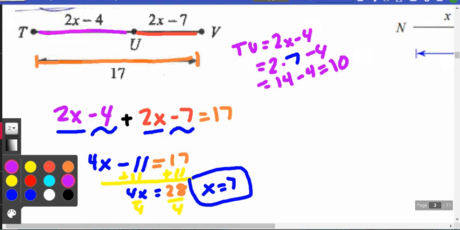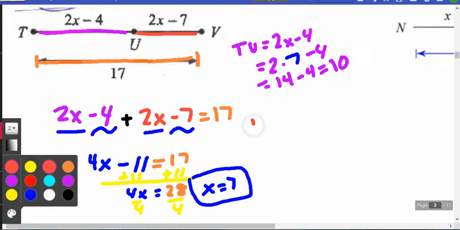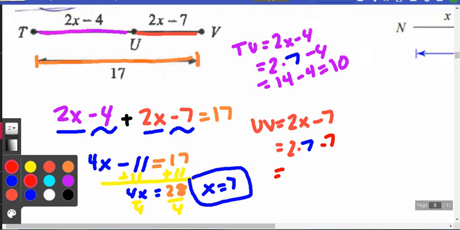All right, let's calculate UV by substituting the value of x. UV equals the expression 2x minus 7. So I'm going to take 2 times the known value of x, which is 7. 2 times 7 results in 14, take away 7, we get 7.